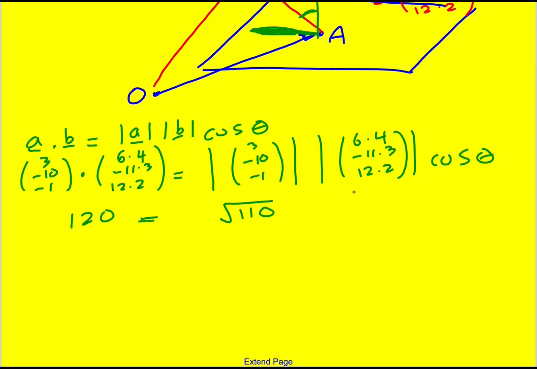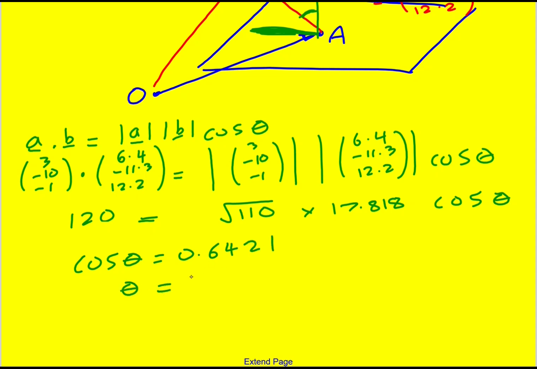And this next one is really awkward. You get 17.818. 6.4 squared plus 11.3 squared plus 12.2 squared, all square rooted. And again, times by cos theta. Rearrange, this gives cos theta equal to 0.6421. Inverse cos gives theta is 50.0488.